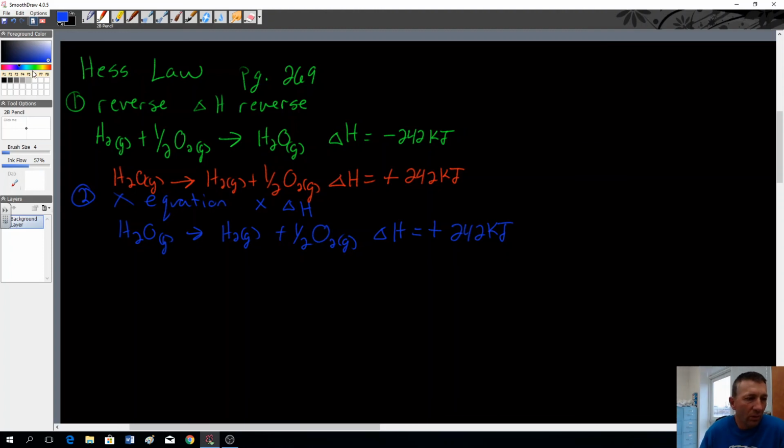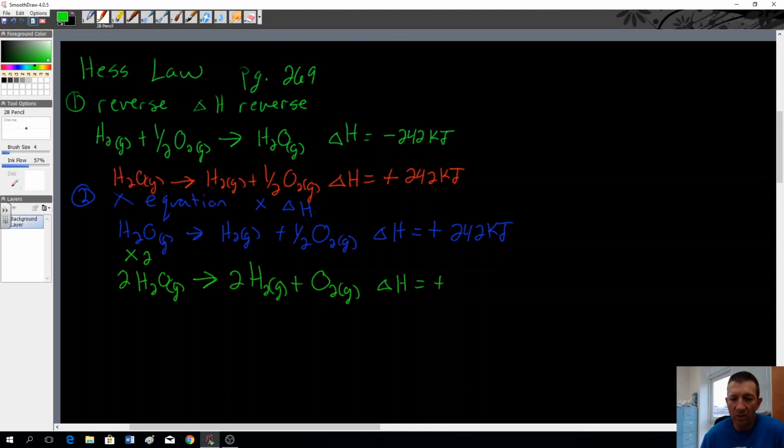Now we're going to multiply the whole equation by 2. So now we have 2 H2O gas goes to make 2 H2 gas plus, 2 times 1/2 is just 1, so O2 gas. And the delta H, multiplied by 2, is a positive 484 kilojoules. Whatever we multiply the equation by, we also have to multiply the delta H by.